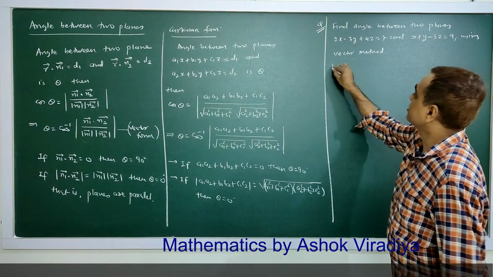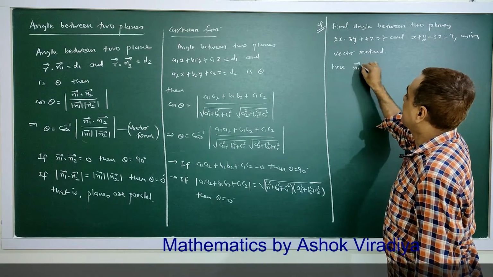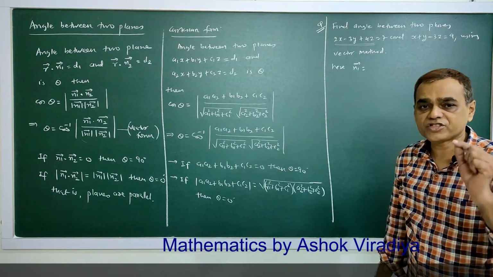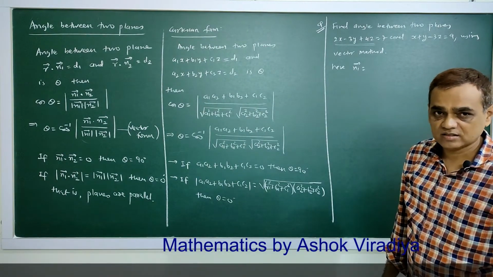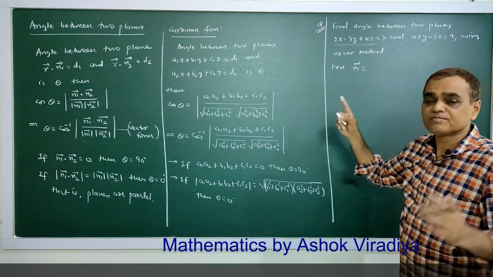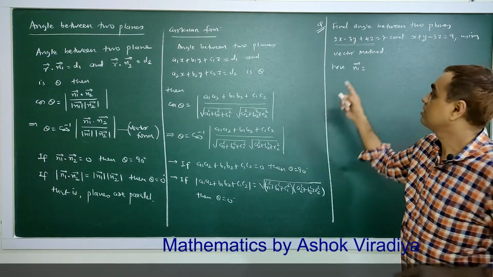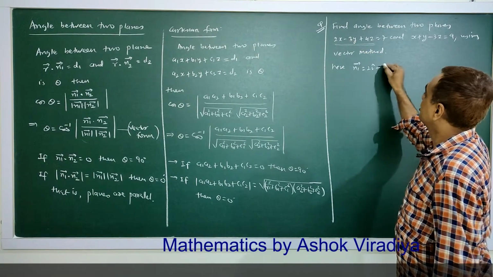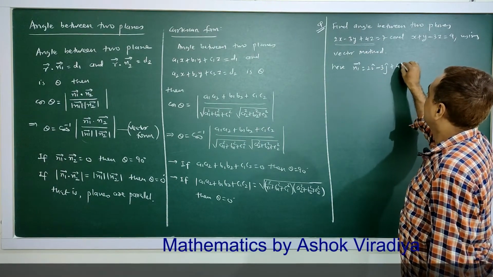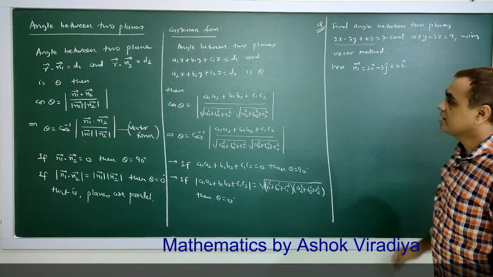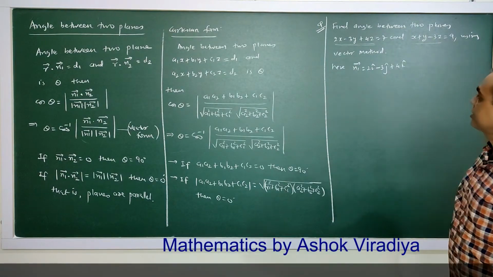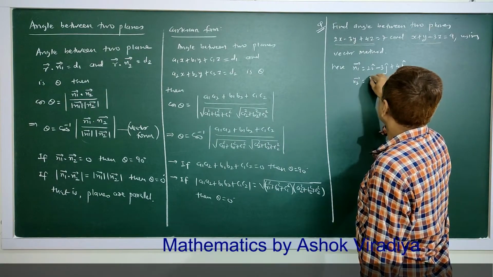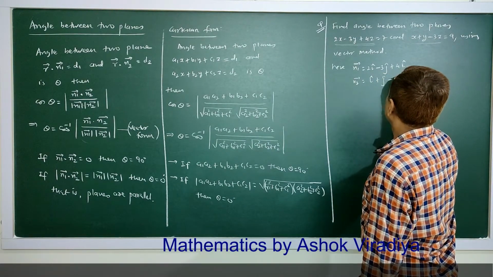So see, from the equations, vector n1 is: take the coefficients of x, y, z. Coefficients of x, y, z are the scalar components of vector n1. So that is 2i minus 3j plus 4k. Vector n2, take from these coefficients: vector n2 is 1i plus 1j minus 3k.